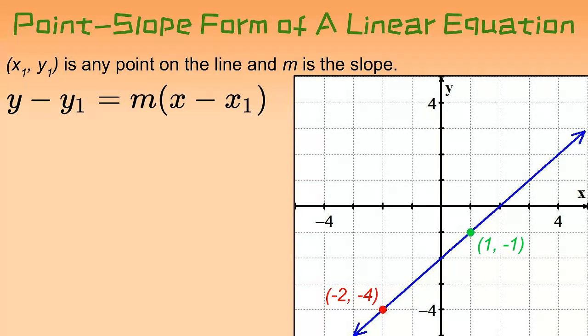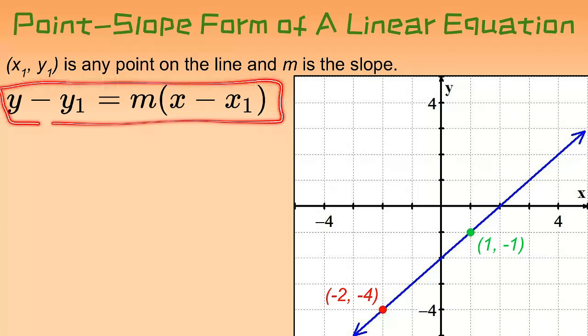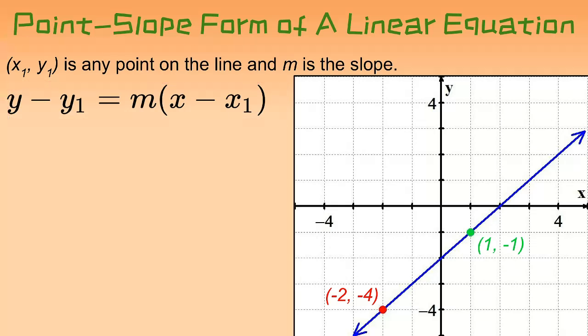Now, sometimes we're given 2 points and we're asked to find a line. Remember, (x1, y1) is just a point that's on the line, and m is the slope. So this is the general form of the equation called the point-slope form of a linear equation.